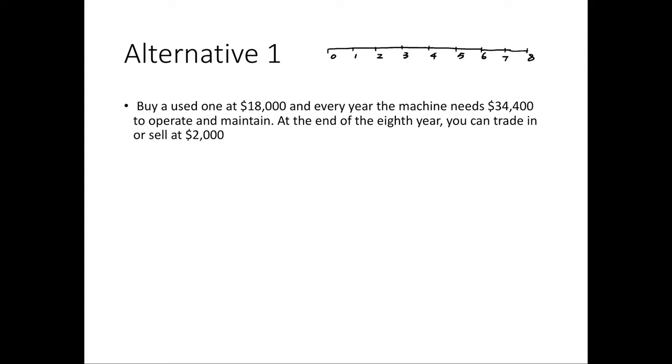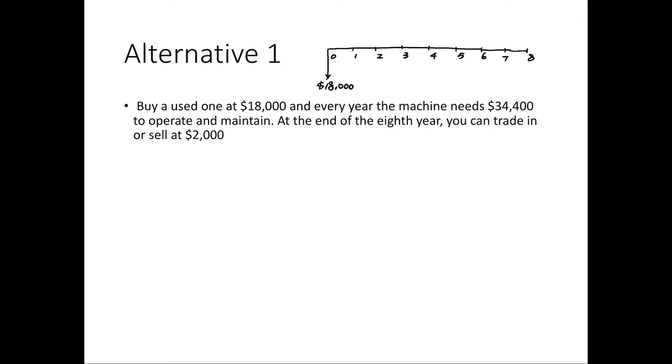At the beginning, you want to pay for the price. So that's a cash flow happening at time 0. And it is an outgoing cash flow, so it's an arrow going downward. It's 18,000.